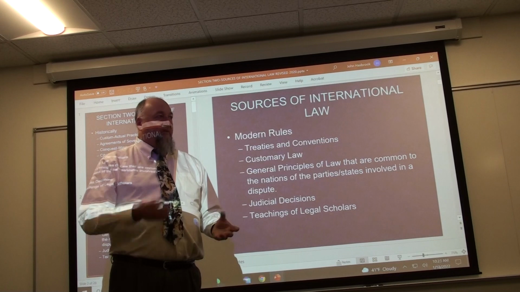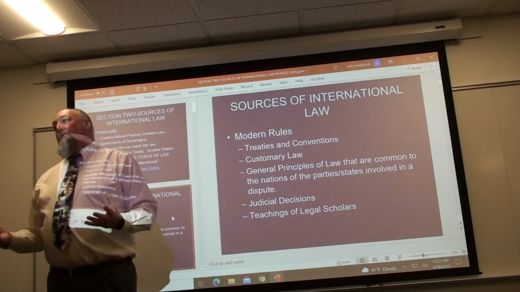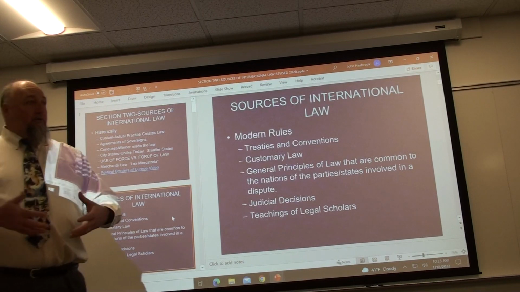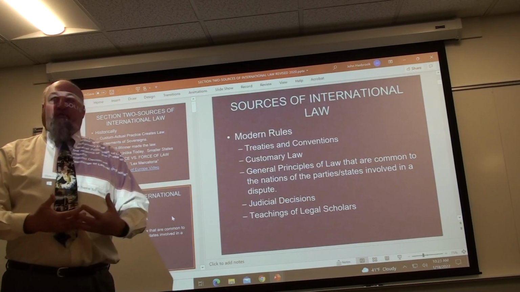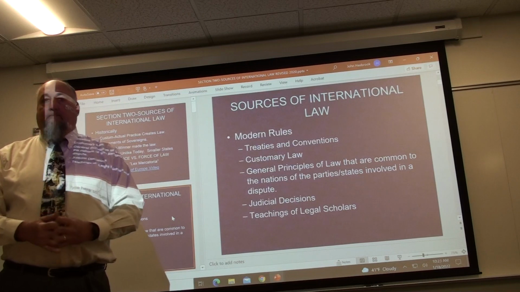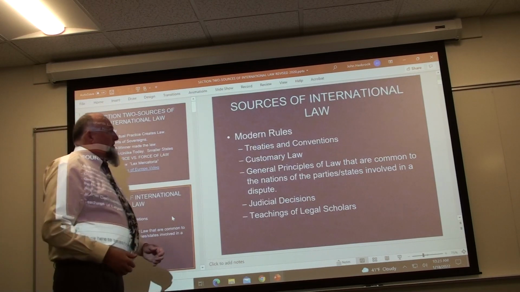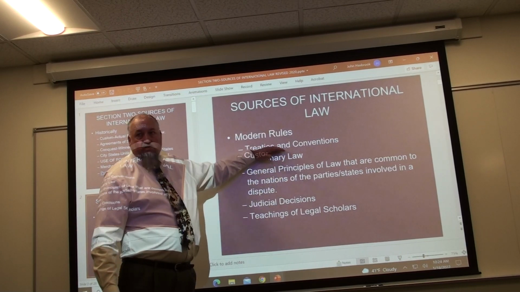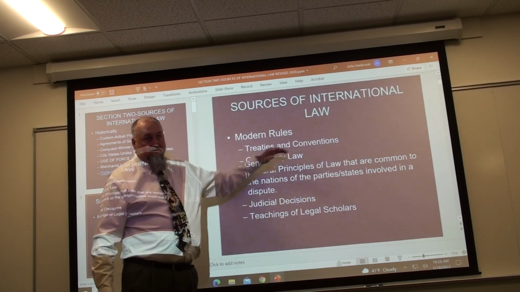That makes perfect sense. In fact, that's the whole idea of treaty law, to get countries to agree to the rules, hopefully before there's a dispute, right? So that's nowadays the primary source of international law, treaties and conventions.